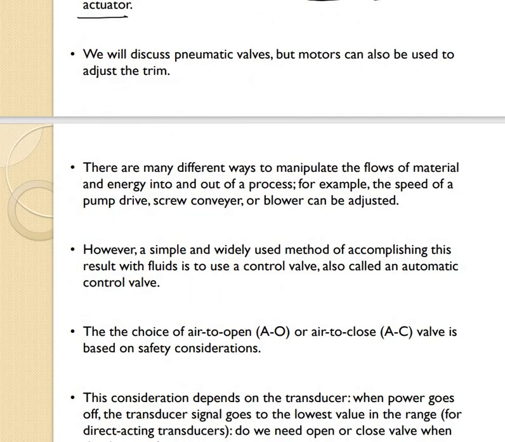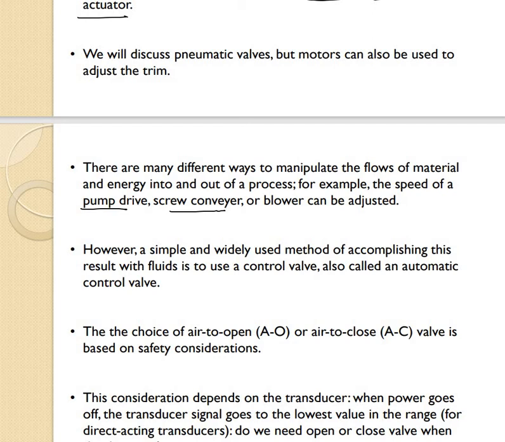There are many different ways to manipulate the flow of material or energy into and out of the process, for example a pump drive, screw conveyor, blower, etc. However, the control valve is a simple and widely used method to accomplish this with fluid.